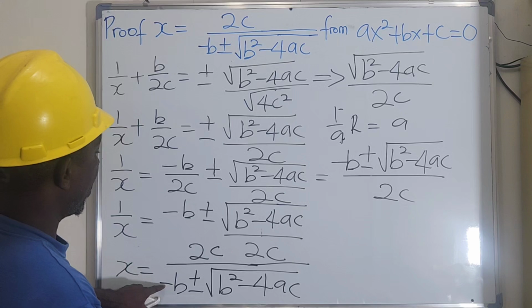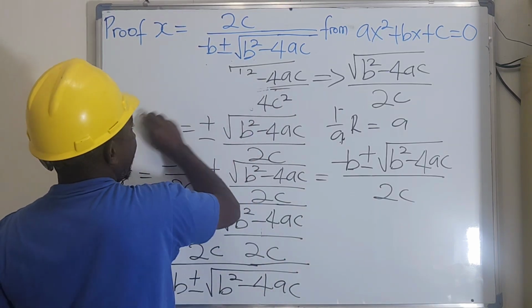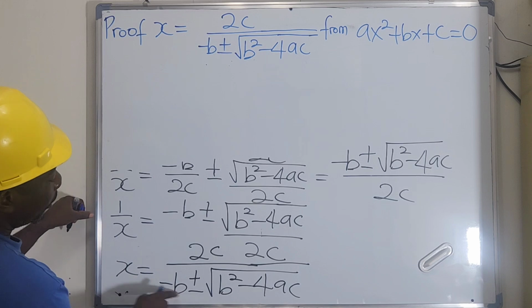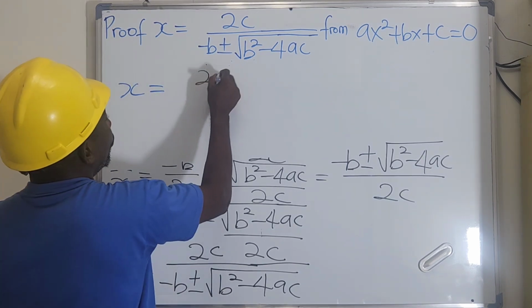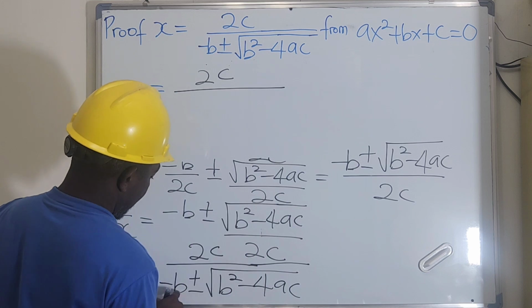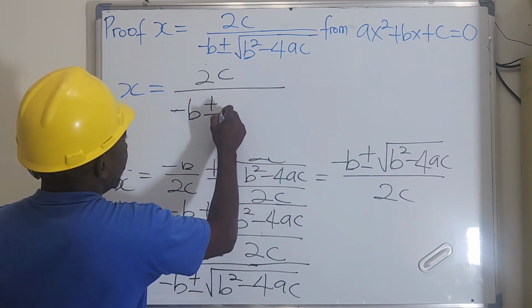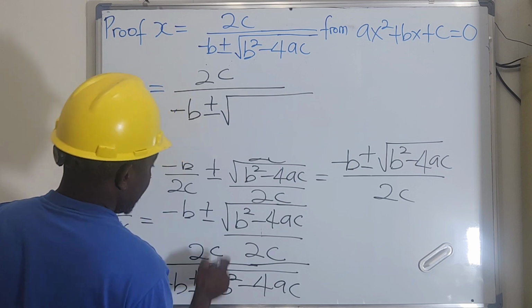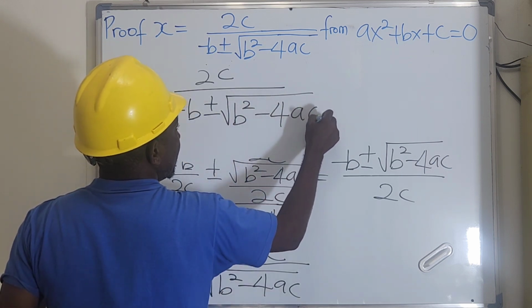We can rewrite it well. Let's clean this so that we can rewrite it well. So as we said before, our x equals 2c all over minus b plus or minus square root of b squared minus 4ac.